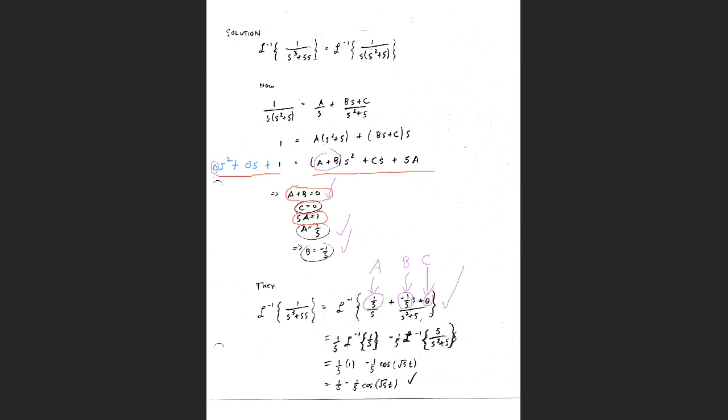All right, well then naturally, I can factor out the 1/5 and the -5 from their inverse Laplace transforms. And then I go to the table.